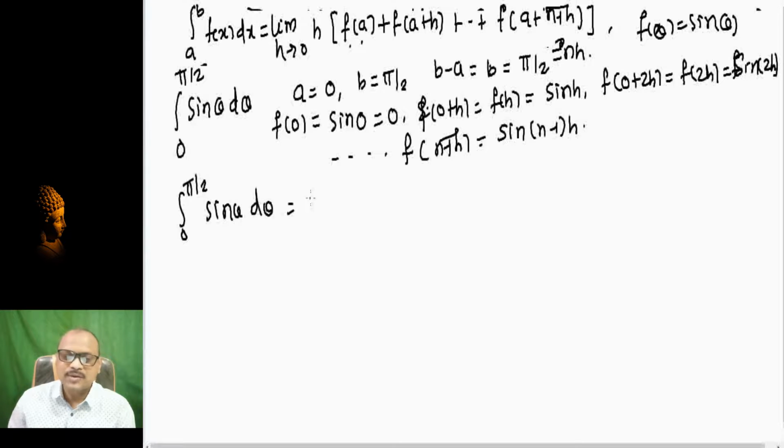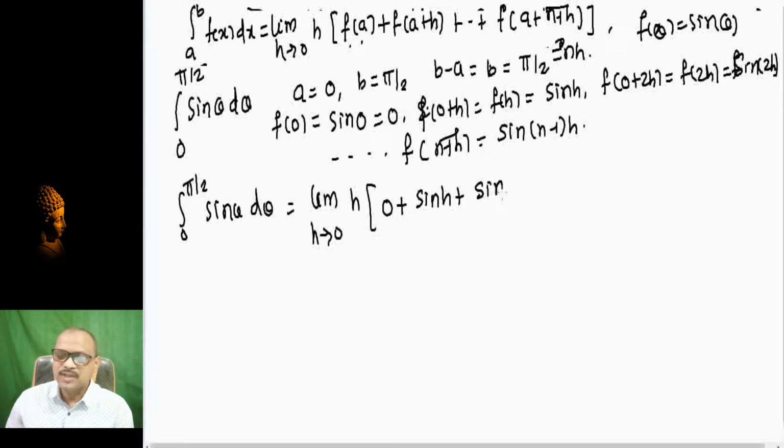Integration of sine theta d theta equal to limit h tends to 0, h into [f of 0 plus f of h, that is sine h, plus f of 2h, that is sine of 2h, plus ... plus sine of (n minus 1) into h].